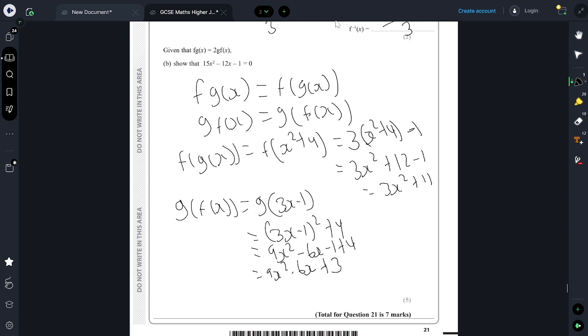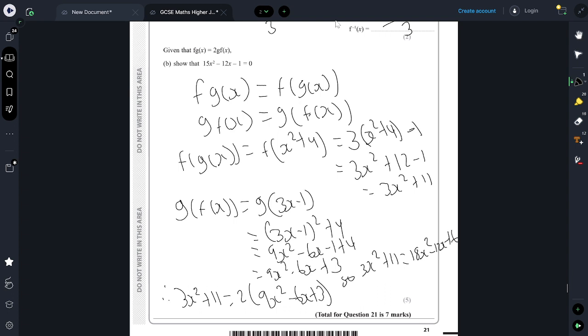Now it's saying that this is 2 lots of this. So f of g of x is 2 lots of this. So that means 3x squared plus 11 is 2 of 9x squared minus 6x plus 3. So 3x squared plus 11 is 18x squared minus 12x plus 6.